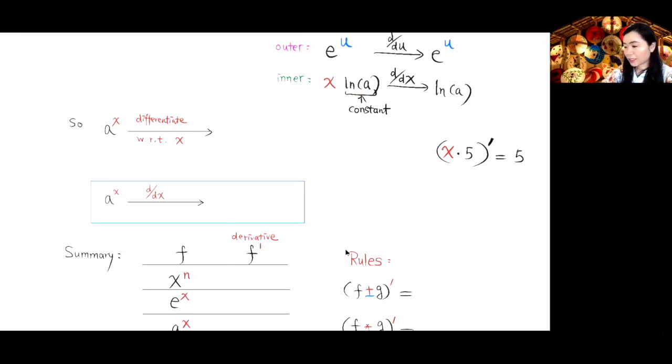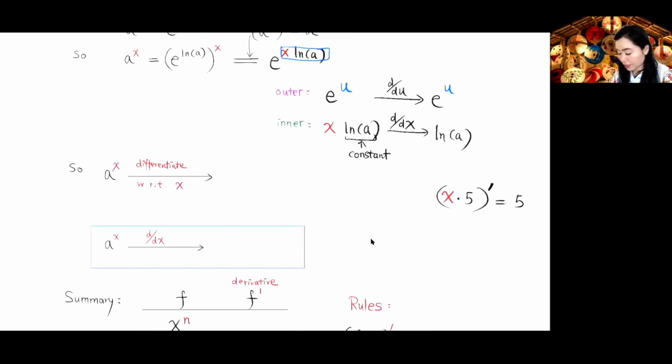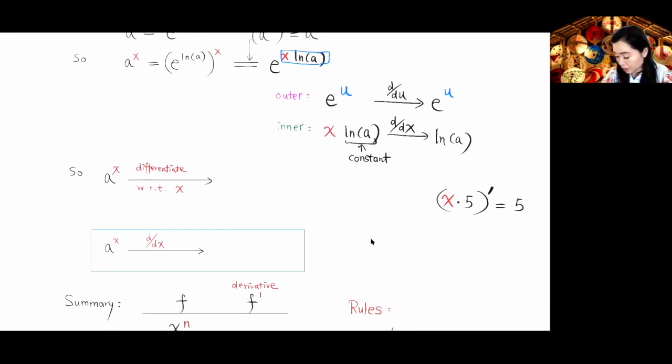So the derivative of a to the x will be this one times this one, according to the chain rule. It will be e to the x times ln of a, and then times ln of a. But do you recognize this part right here?